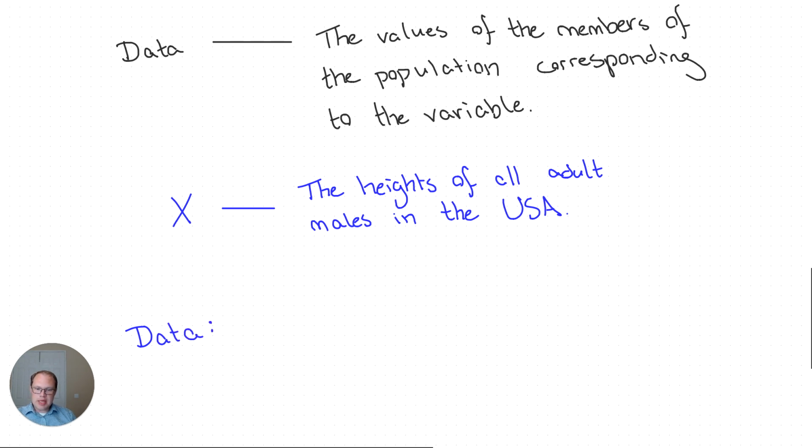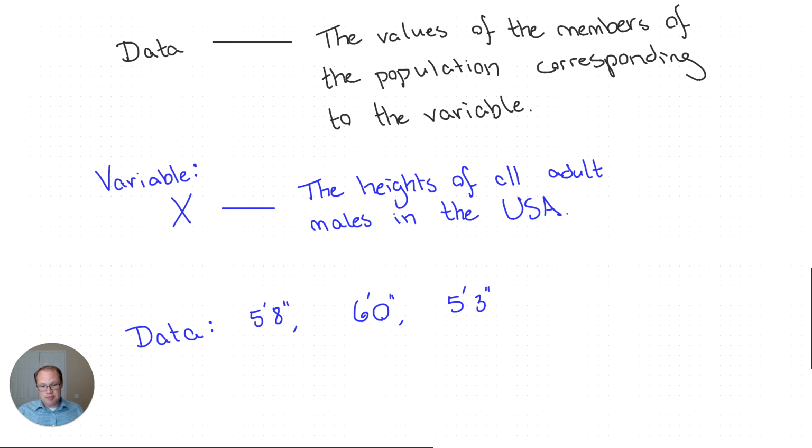So maybe it's 5 foot 8 inches, or 6 foot 0 inches, or 5 feet 3 inches. Okay, those would be examples of data. They vary from member to member in the population. The variable is a description of what we're measuring, and it's something that everybody has.